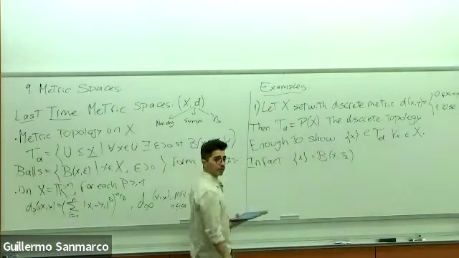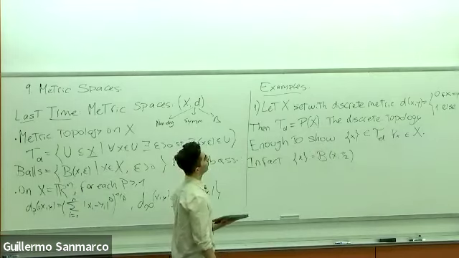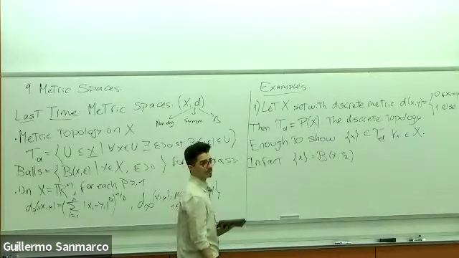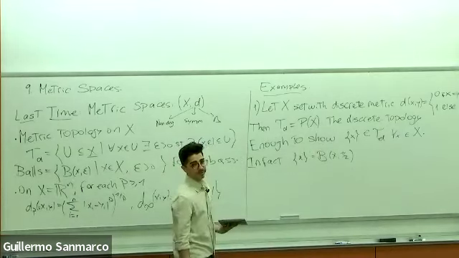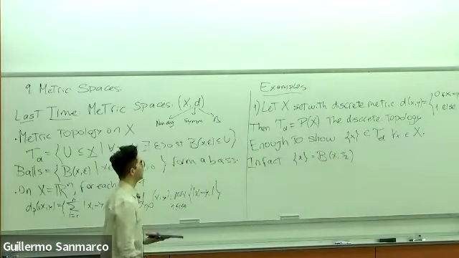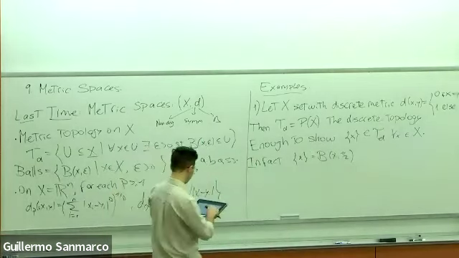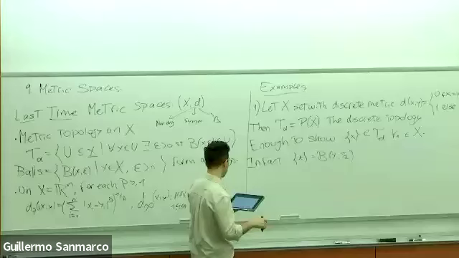So the discrete metric is telling you that on any set you can impose a metric. This one is not very interesting, at least from a topological point of view.